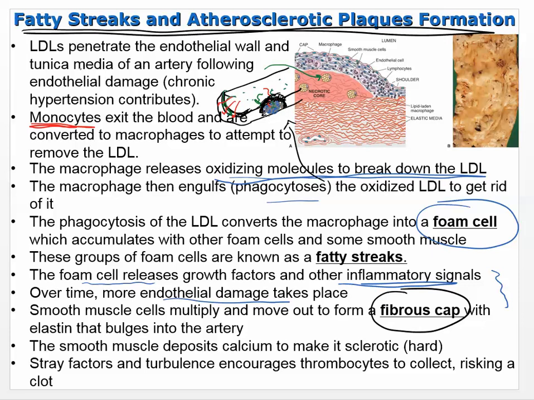Stray factors and turbulence can cause thrombocytes to collect, and you can actually get clot formation from that as well, because as we've talked about before, turbulence can cause those thrombocytes, or platelets, to collect, and that can risk a clot.